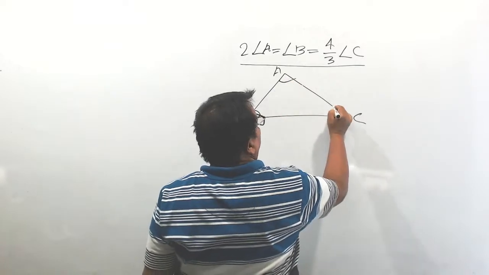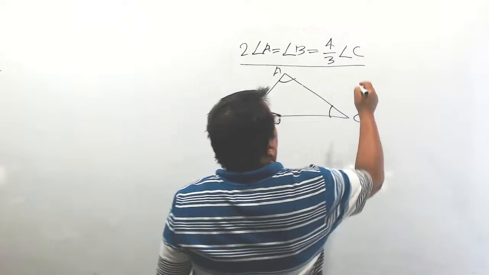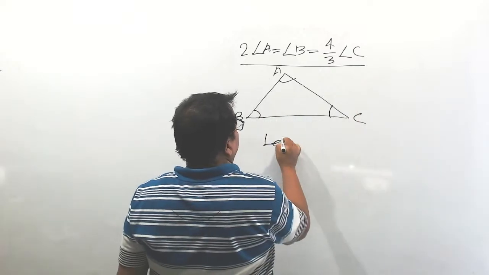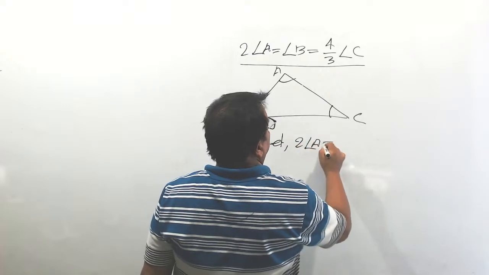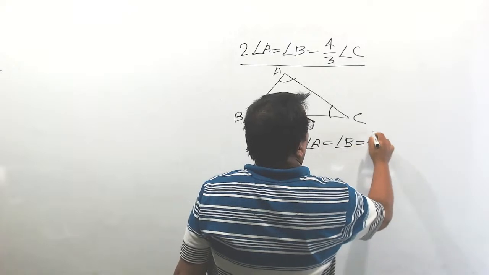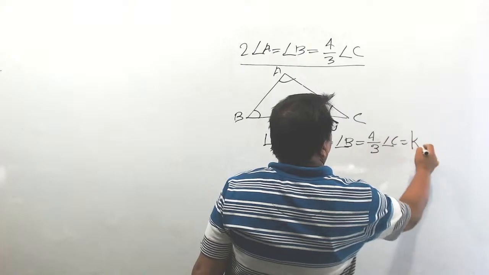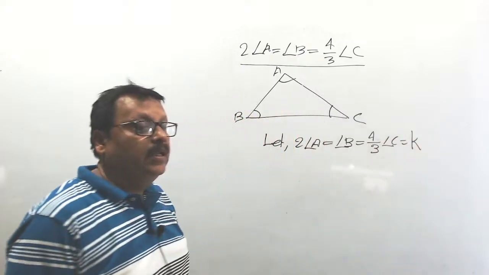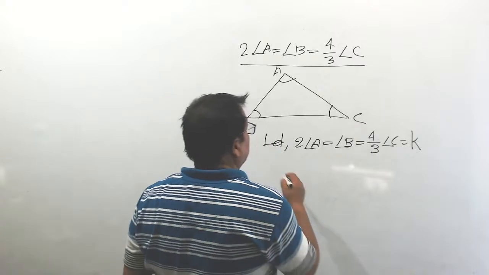What is the value of angle A, angle B and angle C? Let twice of angle A, angle B and 4 by 3 of angle C be equal to a constant K. This is a trick to find the values.